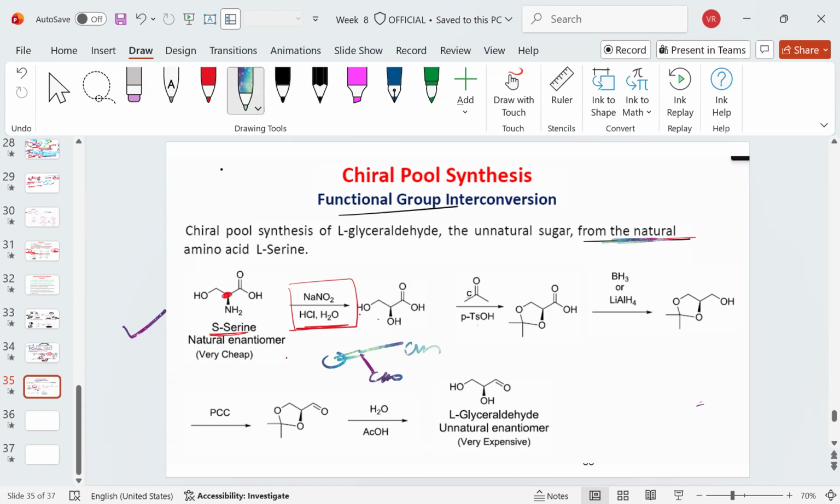This acid basically polarizes this OH bond. So this double bond of this ketone is polarized, and therefore this hydroxyl, sorry, attacks on the carbonyl center, first attack, and the second attack gives the protection of this diol.